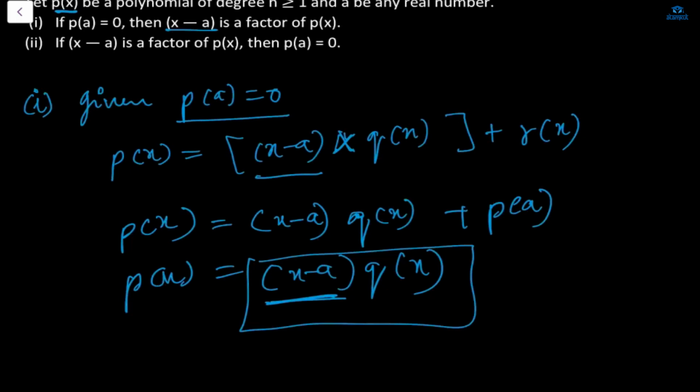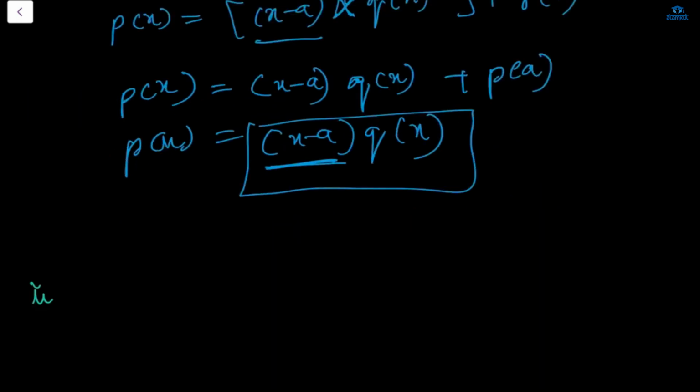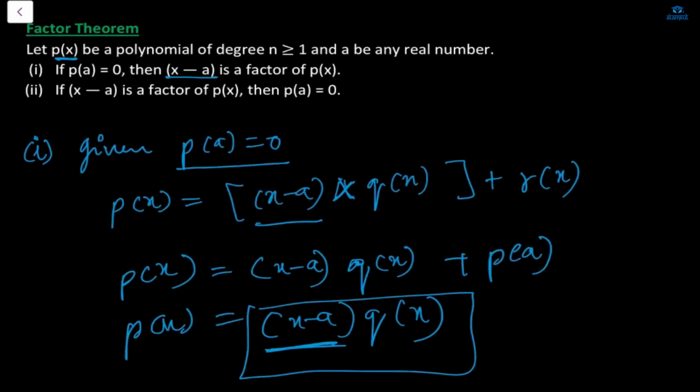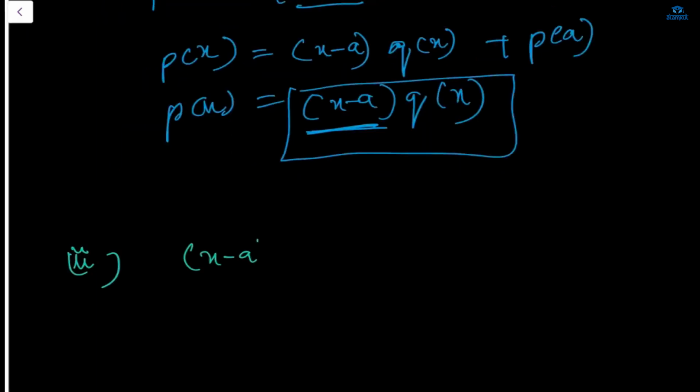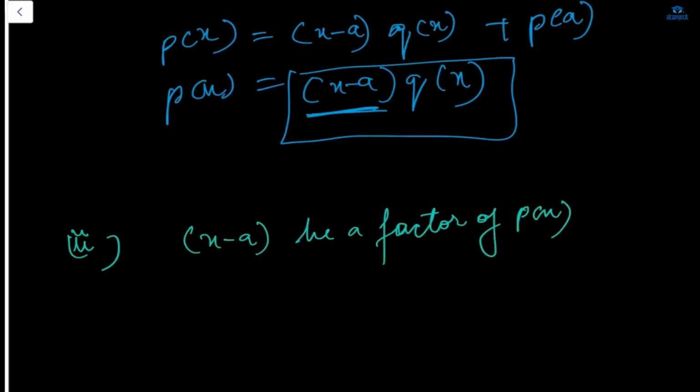Now the second one says that if x minus a is a factor of p(x), then p(a) is equal to 0. Here it is given that x minus a is a factor of p(x), which means p(x) is completely divided by x minus a, and we take g(x) as the quotient.